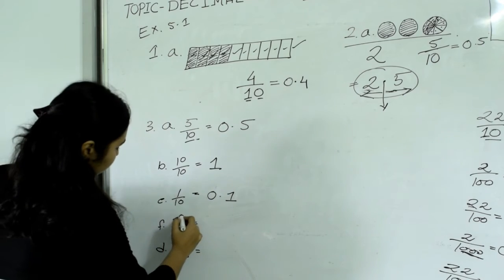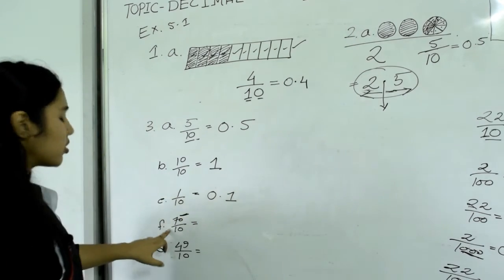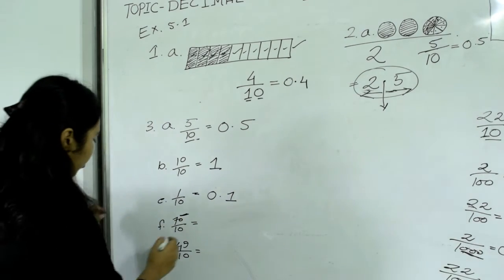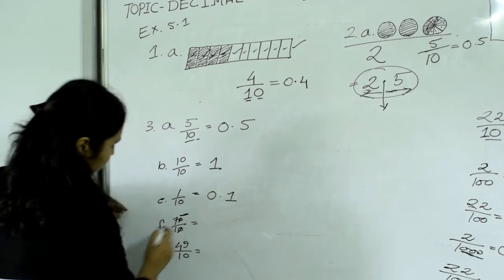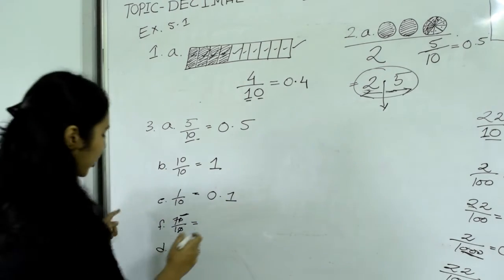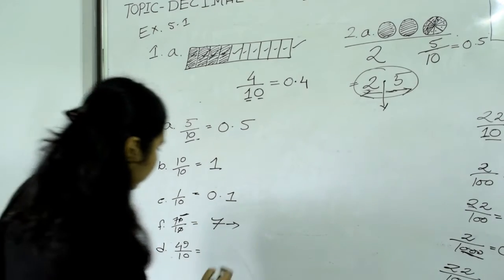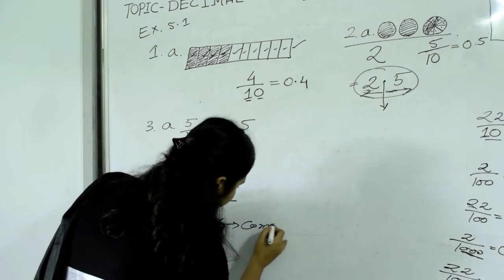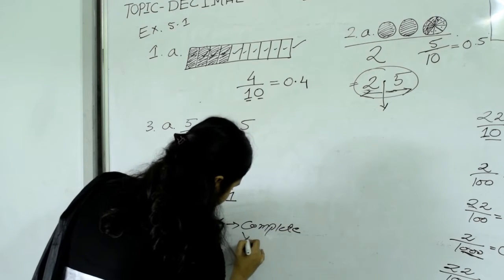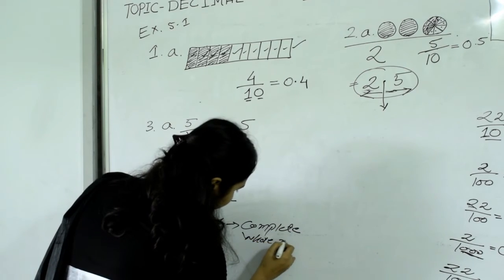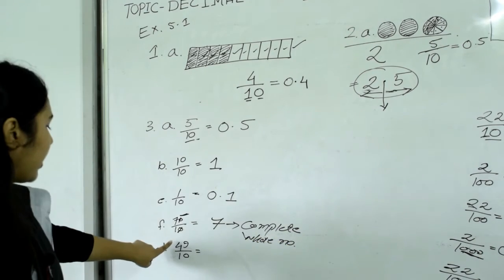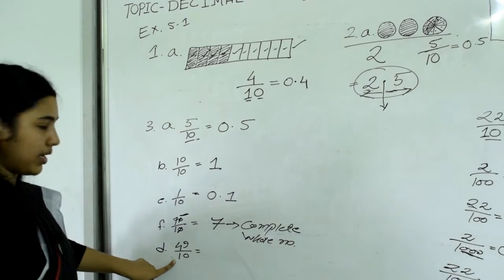Next, here the numerator is more than the denominator. Okay, so divide 70 by 10, we will get 7. A complete whole number.